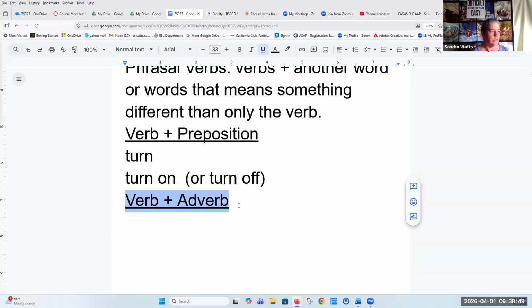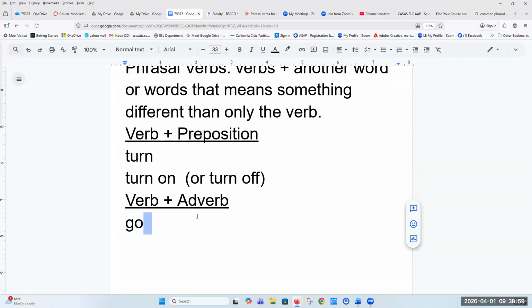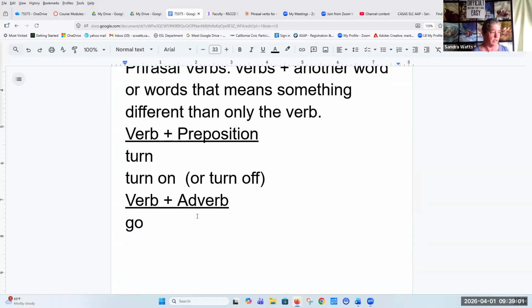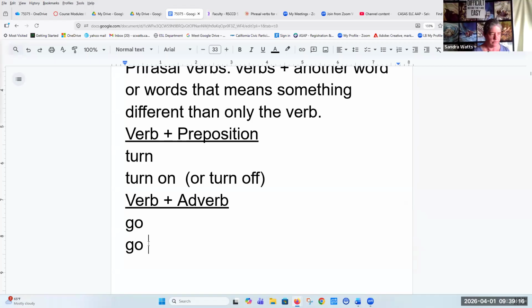Let me give you another example that you'll know. Everybody knows go? If you don't know the word go, you should probably be in level 1. But how about this?